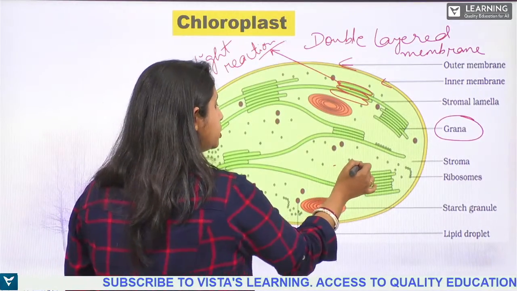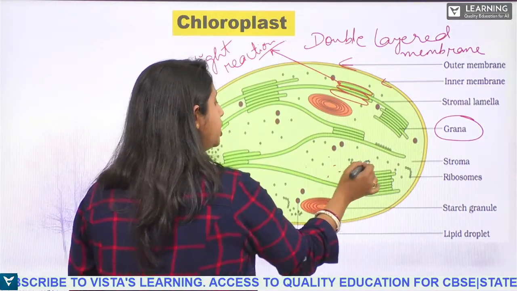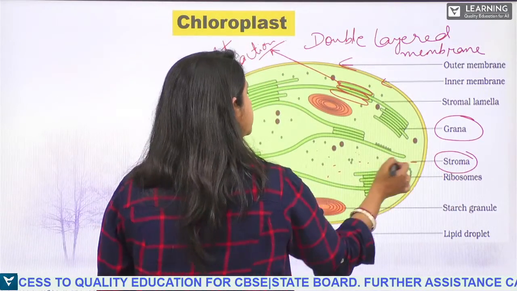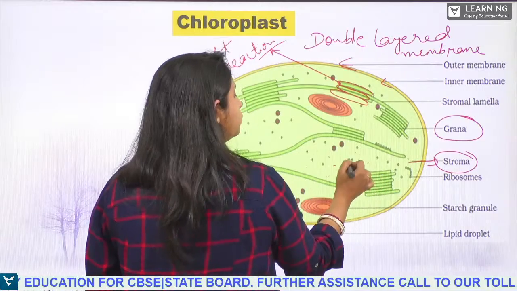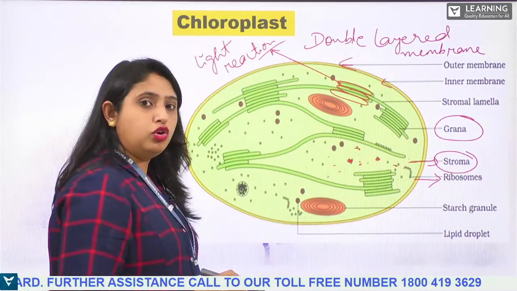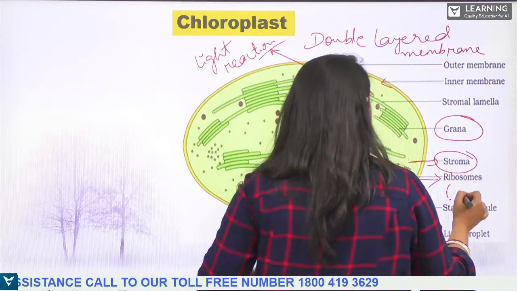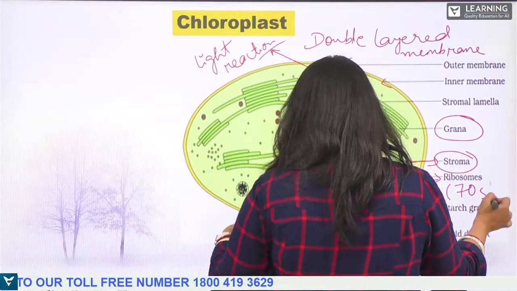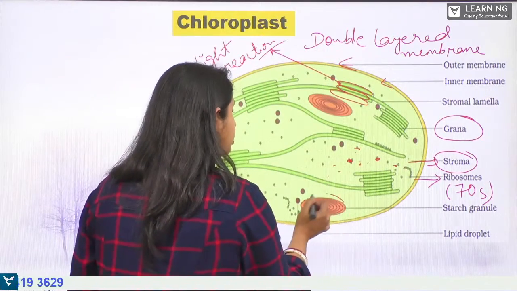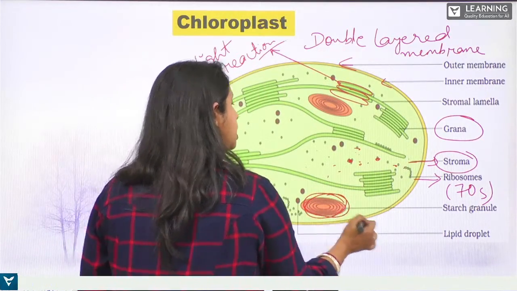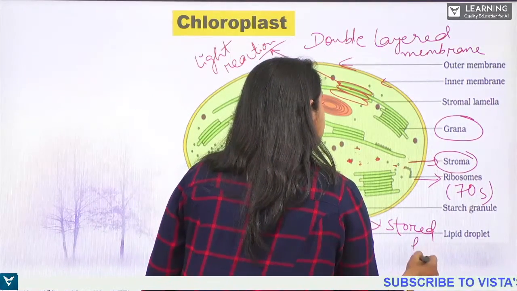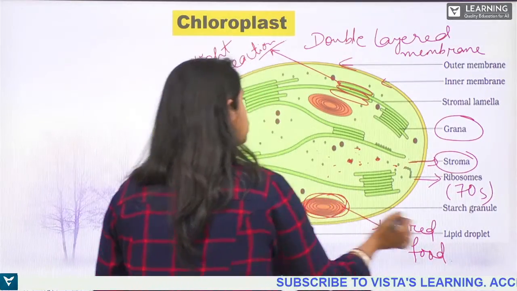This region, the matrix, we call the stroma. This dot-like structure is called ribosome. They have 70S ribosomes, and also starch granules, which are the stored food. The stored food is the starch.